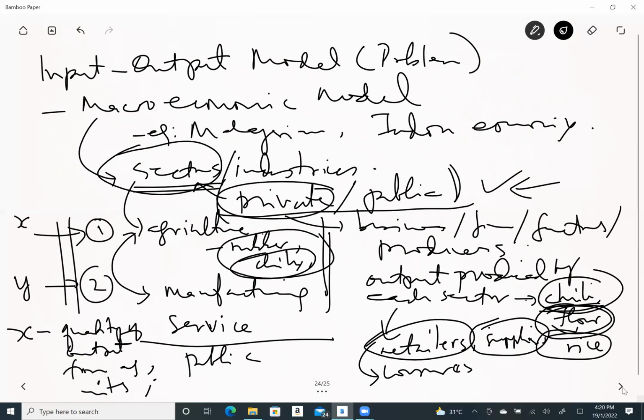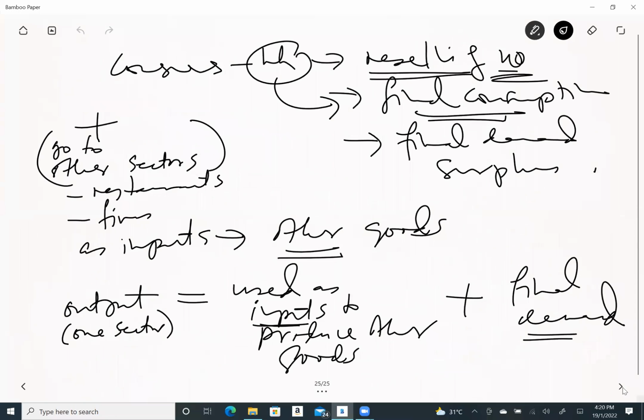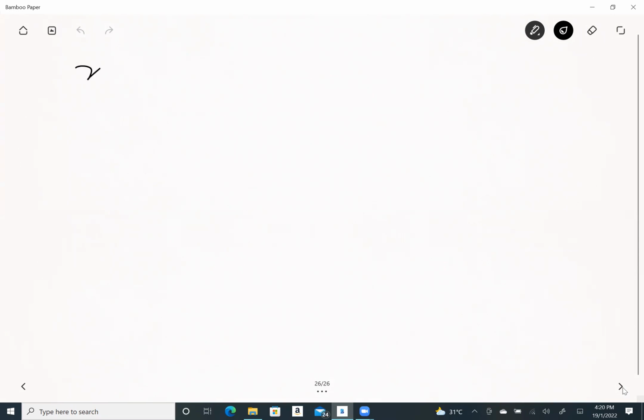Some of X and Y will go into inputs. So there are two sectors, and we have the following. You got X equal to A11X plus A12Y plus D1.